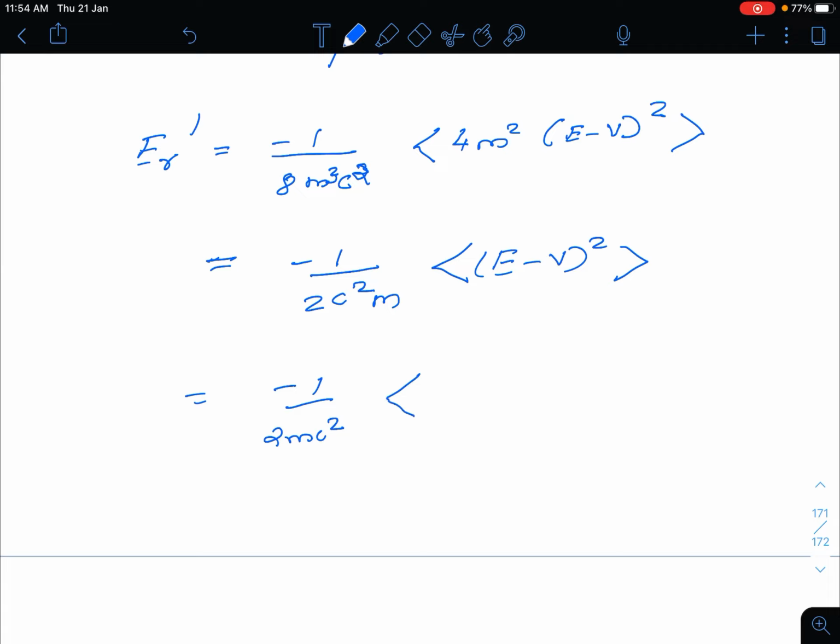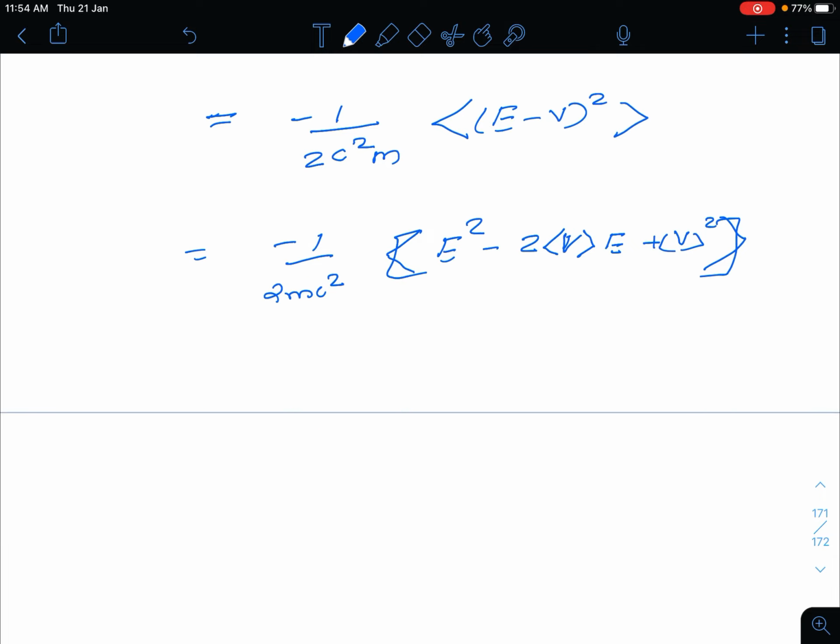E minus V square, that is minus 1 by 2 m c square, expectation value of E square minus 2 expectation value of V E plus V expectation value square. You should not write like this. Because E's are eigenvalues, there is no meaning of taking the expectation value.